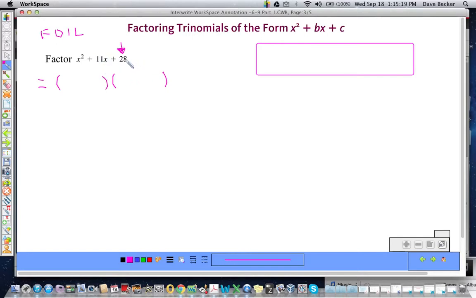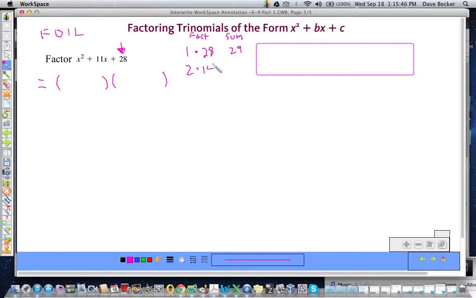So how that helps us is, I need factors of positive 28 that when added together give me a positive 11. So what are factors of 28? 1 times 28. Here are the factors, and then I need their sum. Well, 1 plus 28 is 29. So that doesn't work. I need it to be 11.